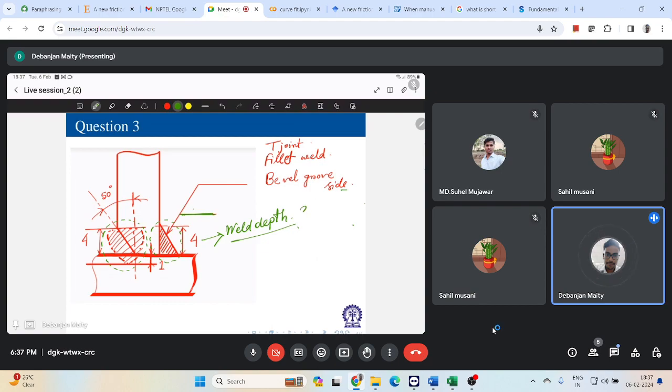Let's say I am doing some 3 by 5 inch weld size, where my weld depth is 4 inch, and let's say my leg length is 5 inch. I'm making some random specifications over here just to understand what the joint symbol will be. So these are the specifications for my fillet weld.